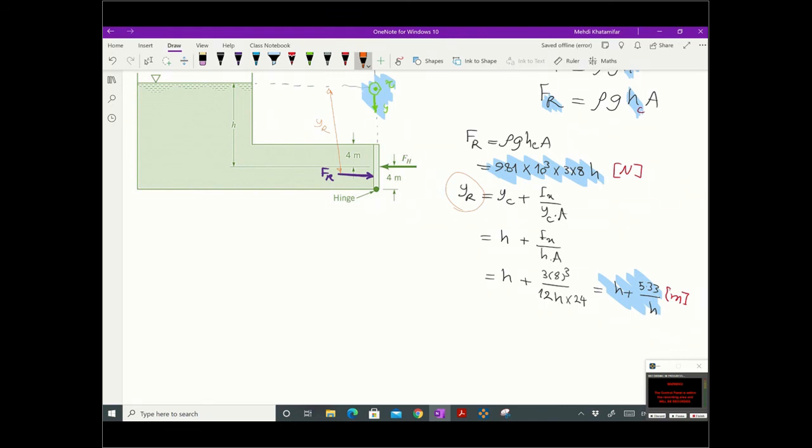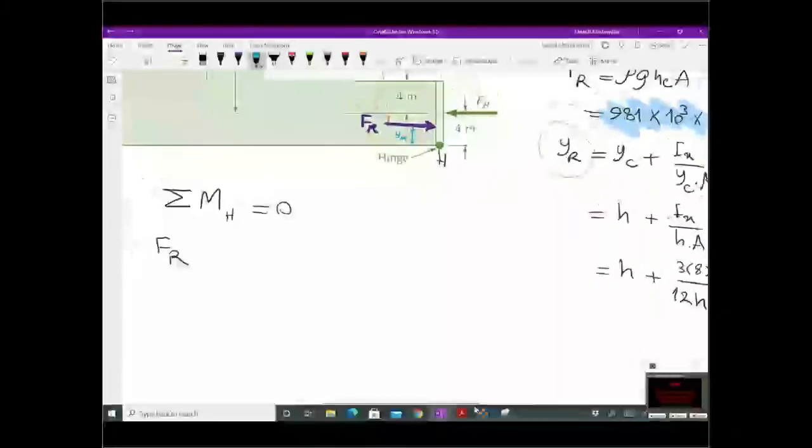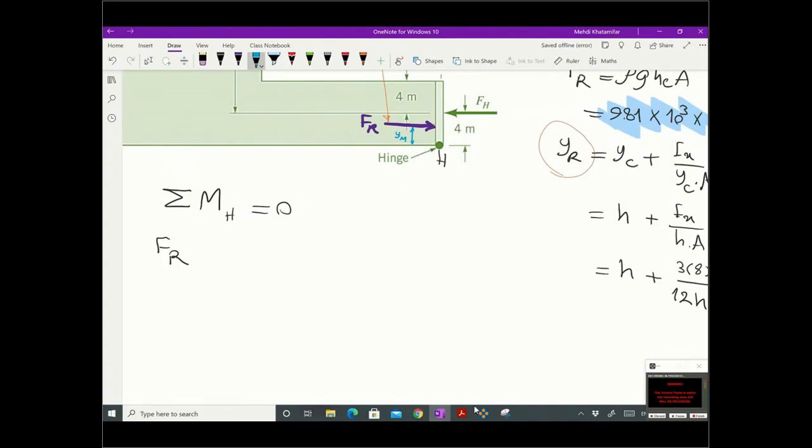So I'm going to say, let's find the summation of moments about hinge point h, and that must be 0 to have a balance between inside force and outside force. So fr times this distance, let's call it ym, must be equal to fh times 4 meters, this distance.